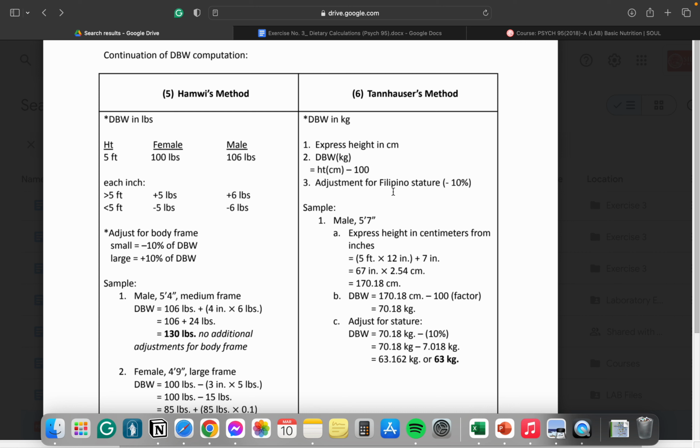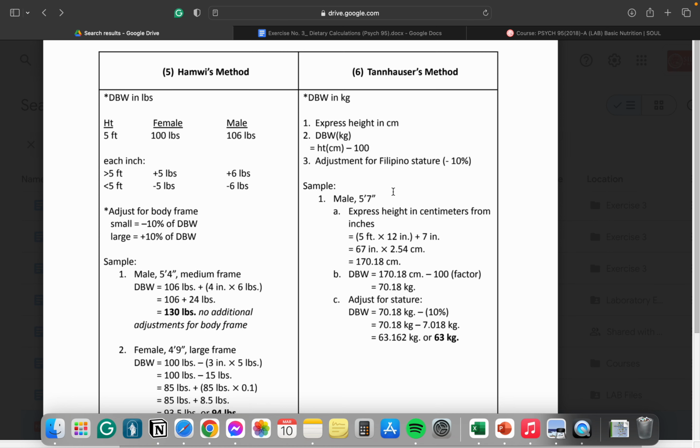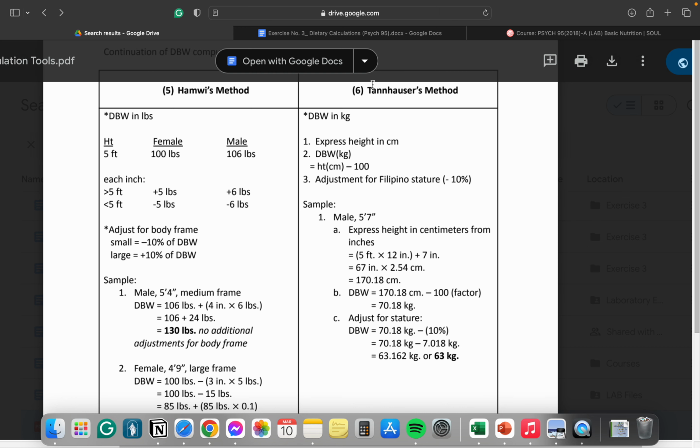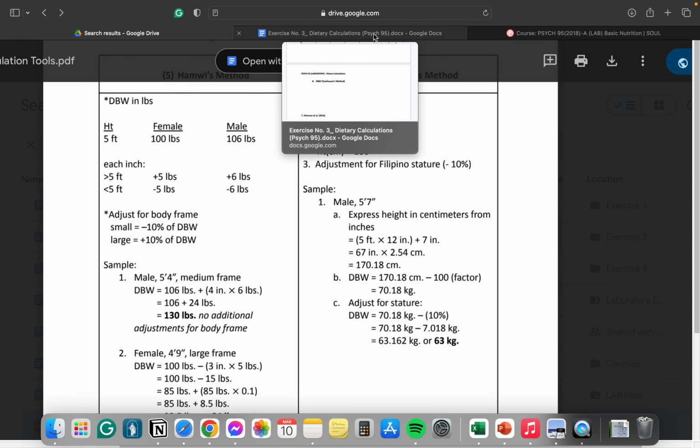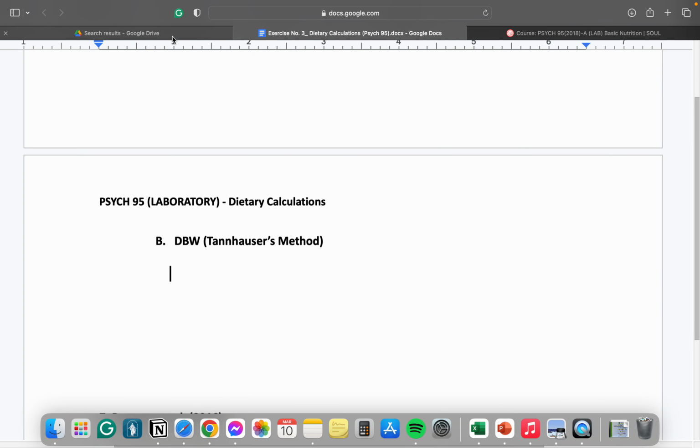So our desirable body weight, the calculation for desirable body weight is designed to meet our genetics, our race. So we are deducting 10% for Filipino stature. So this is designed by Tannhauser, and recommended by NDAP.